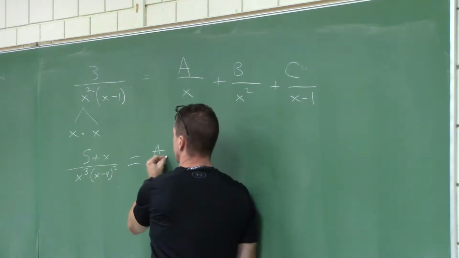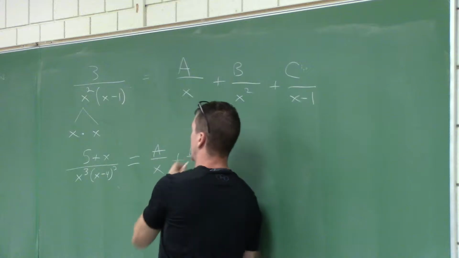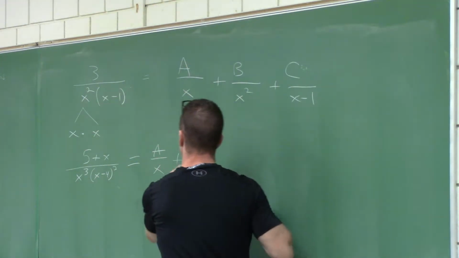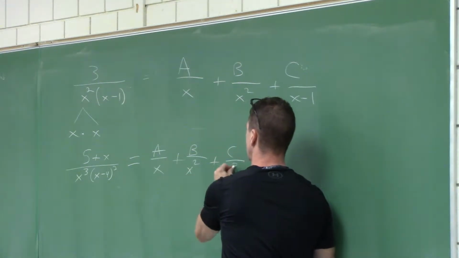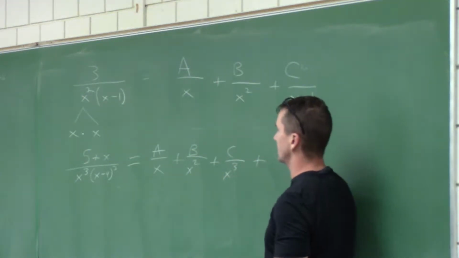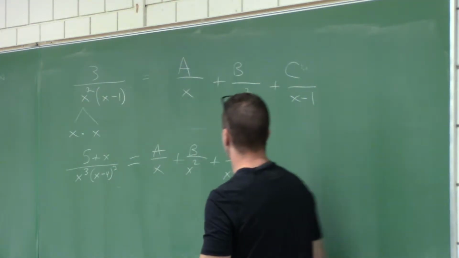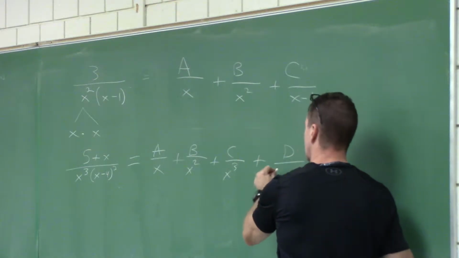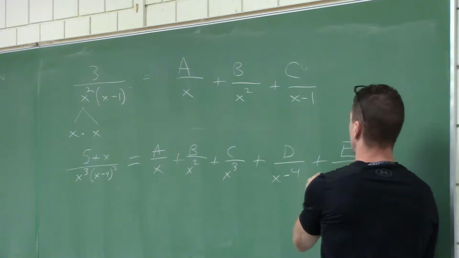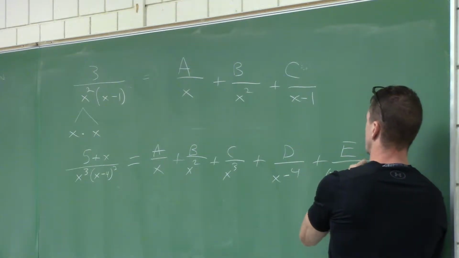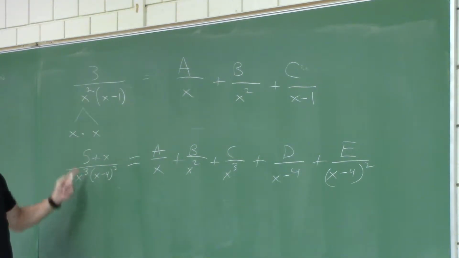A over just the x, then plus B over x squared, plus C over x cubed. I got two more, don't I? Because this is also a linear repeated factor. So I can do plus D over just the x minus 4, and finally plus E over the (x minus 4) squared. This would be the setup when you're dealing with what we call linear repeated factors.